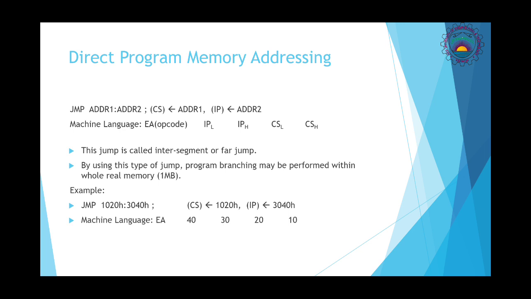Then there is the lower byte of IP, that is 40, then the IP higher byte 30, then the lower byte for CS, that is 20, and then the higher byte of CS, that is 10. So the jump instruction JMP 1020 hex colon 3040 hex will be stored in 5 bytes: the first byte for the opcode, then 2 bytes for IP, then 2 bytes for CS.